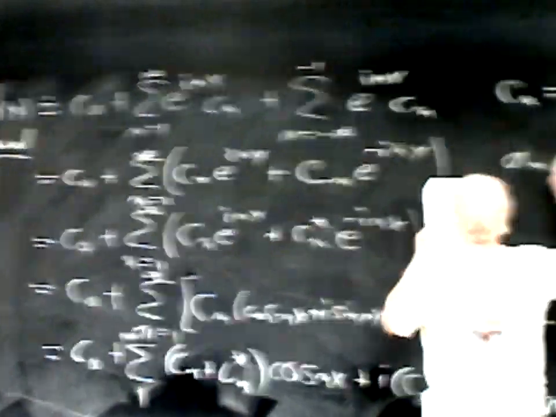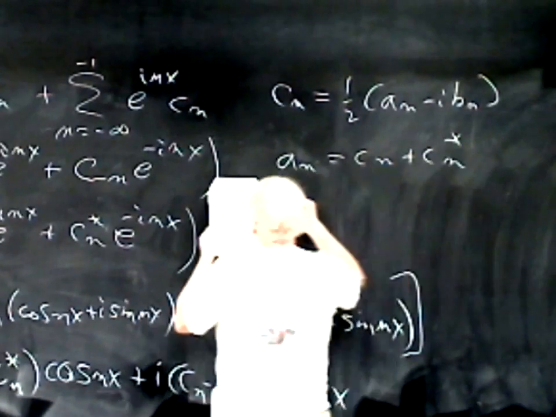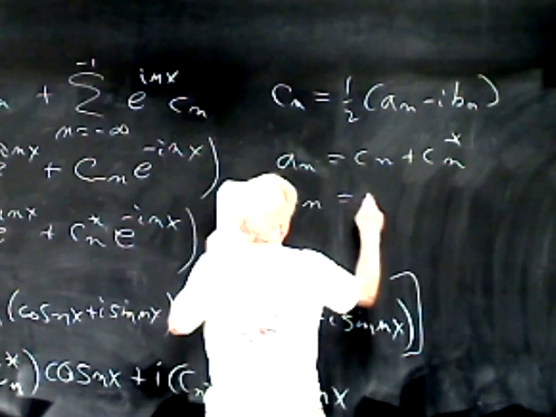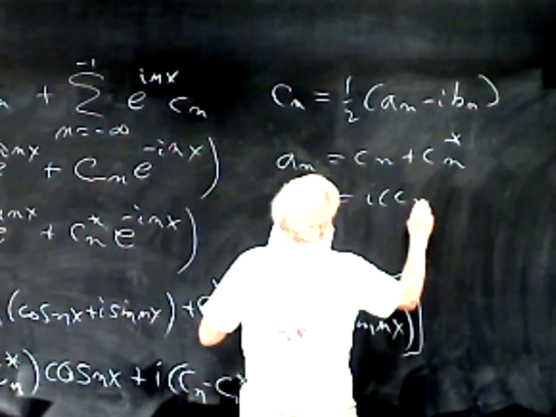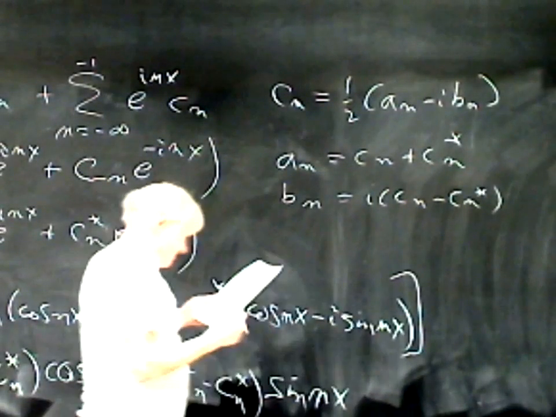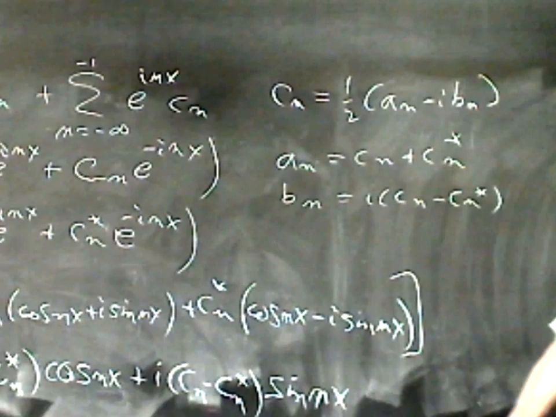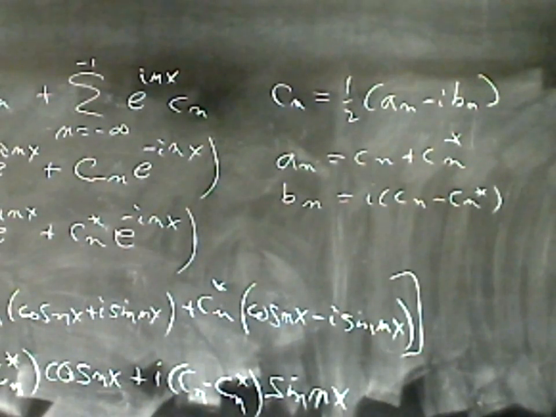So an is equal to Cn plus Cn star. Bn is i (Cn minus Cn star). And then, just erase some of this, then the Fourier series has its standard real form.